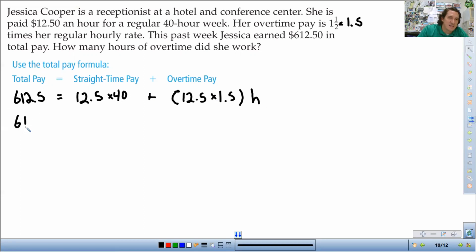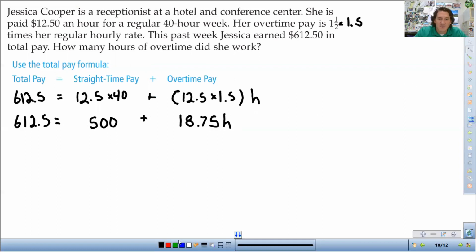So you get 612.5 equals 12.5 times 40, which is 500, plus 12.5 times 1.5, which is 18.75, times H. We're trying to find how many hours she worked.